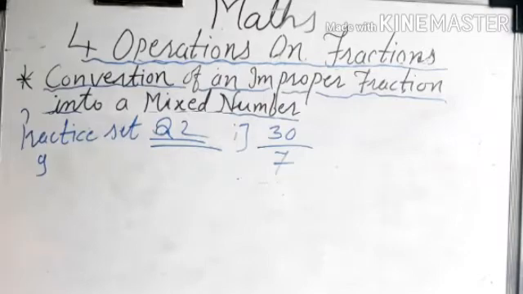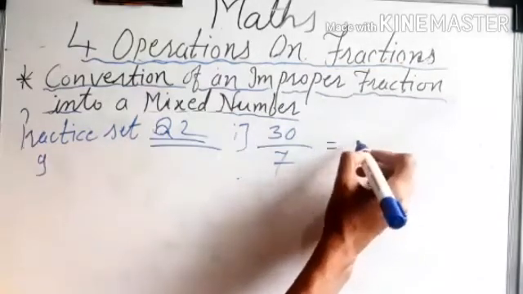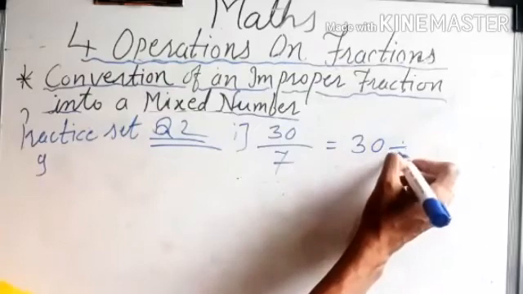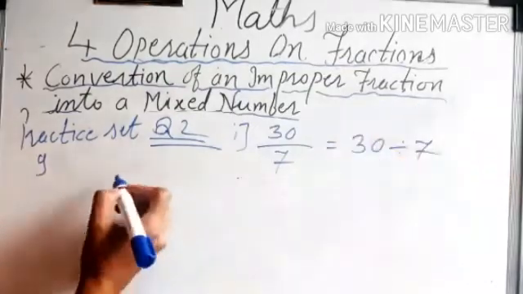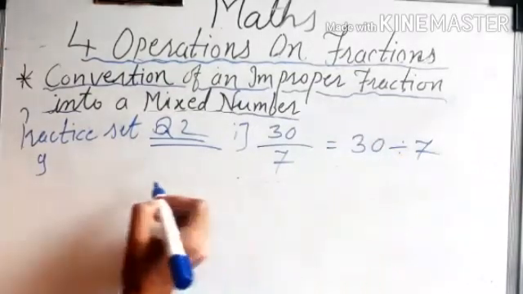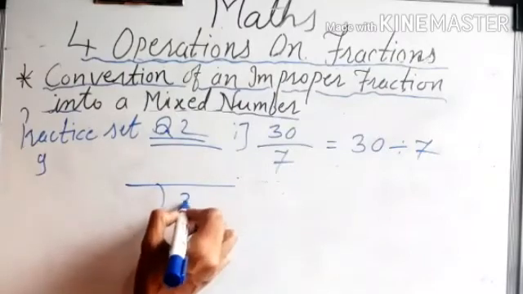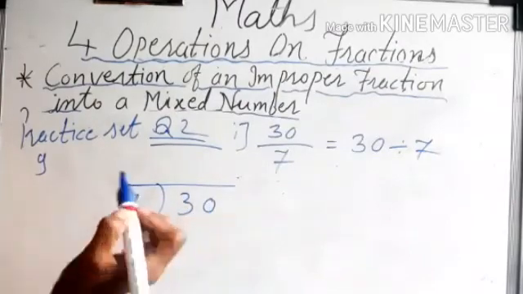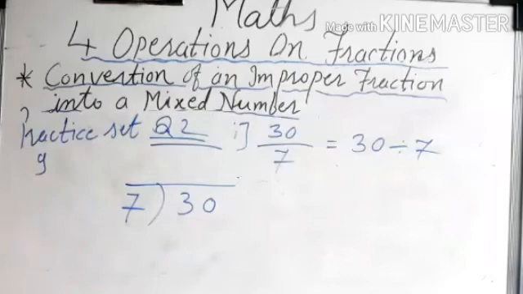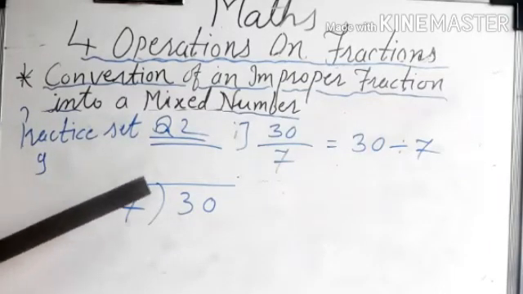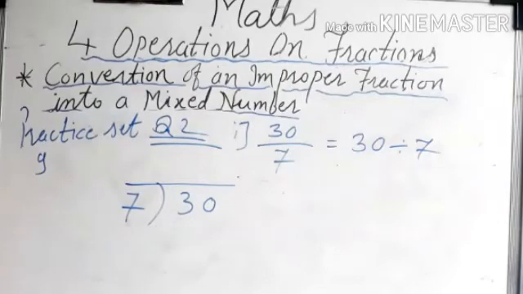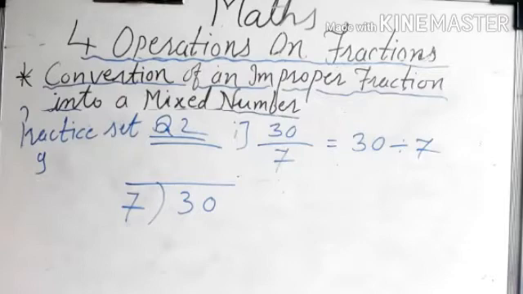Simple. I had told you, to solve 30 upon 7 you can write it as 30 divided by 7, and you have to solve the proper division. Now start the table of 7. Is there 30 in the table of 7? No. Then which is the number less than 30?